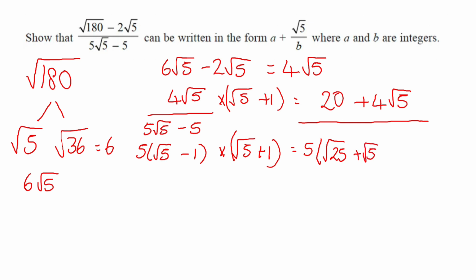I've got negative 1 times root 5. And then I've got negative 1 times 1, just like that. Now I'm going to simplify this down. So obviously we know here we've got a square number, so just write that in as 5 instead. And then these two are going to cancel each other out.